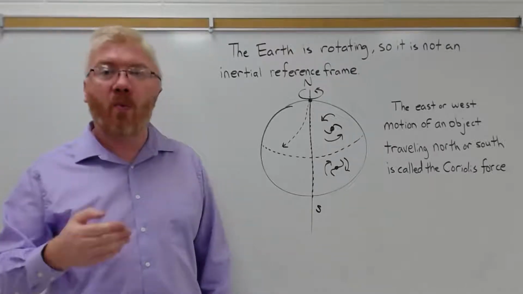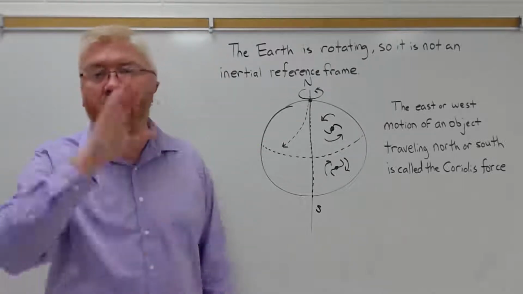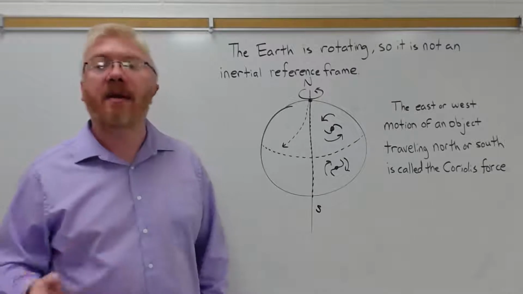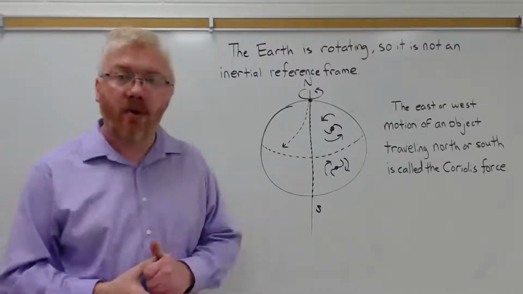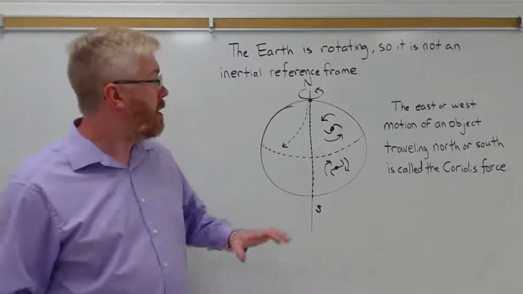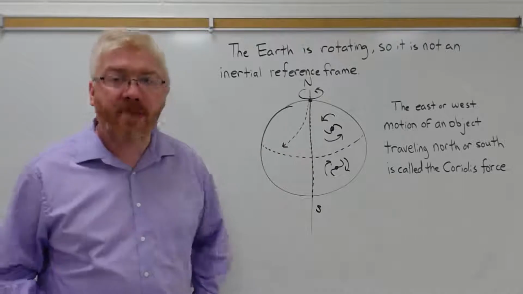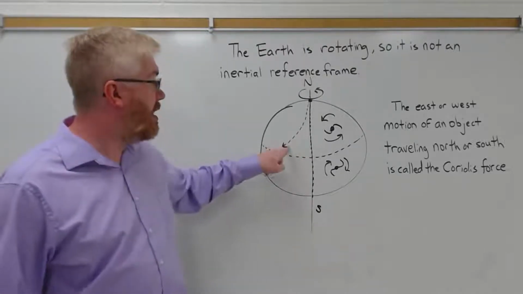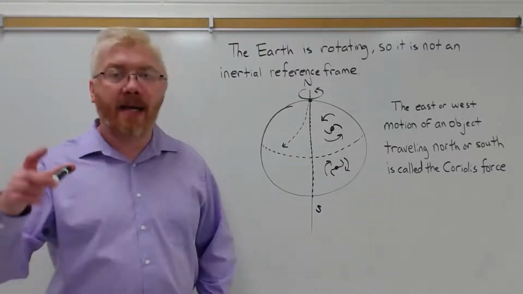If you ever wondered why, for Wisconsinites, a storm hits Minnesota and then comes into Wisconsin, not the other way around, that's because of the large-scale flows of the atmosphere on the Earth caused by the Coriolis effect. So, again, this is a fictional force, but it has a real-world consequence. There is no force really pushing this to the left. It's the fact that the Earth is spinning underneath it to the right that gives it that motion.